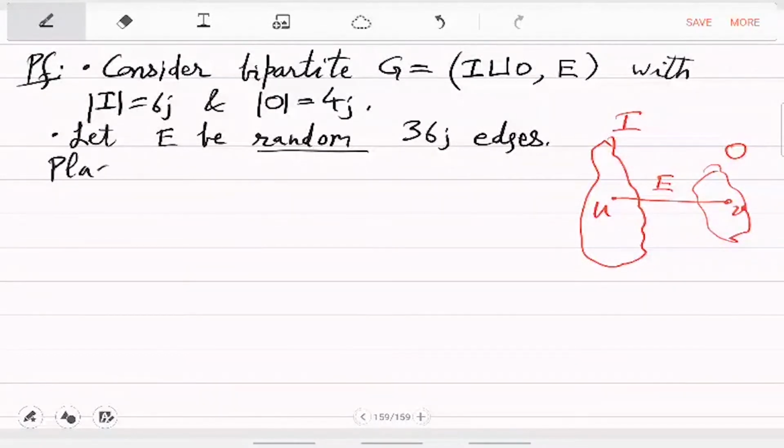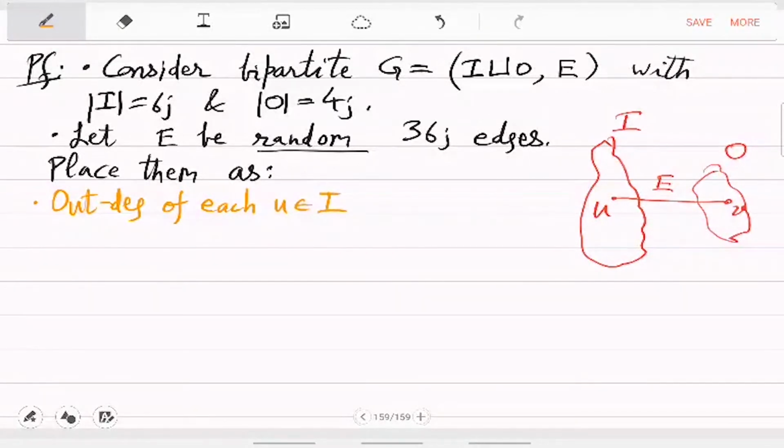These are the special conditions. The out degree of each u in I is 6, and the in degree of each v in O is 9.